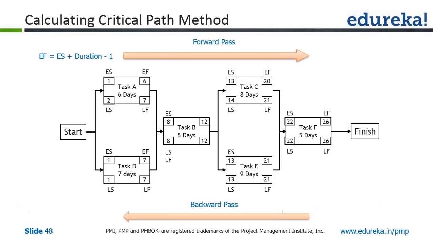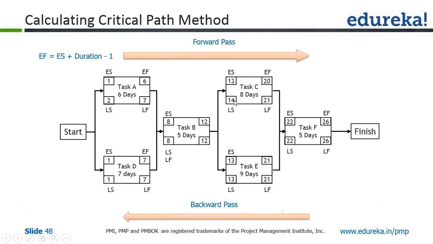To allow F to start on 22, C and E must both get over by day 21 at the latest. Now task C, to get over on day 21, must start latest by day 14. And task E, to get over on day 21, must start by day 13. So C and E are starting on 14 and 13 respectively.